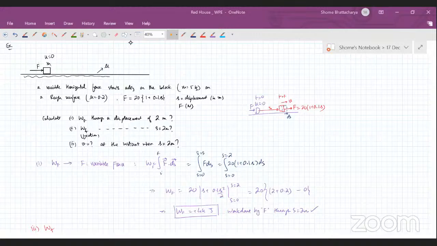Yeah, so work done by friction will be negative here. That's correct. Minus 20 joules.